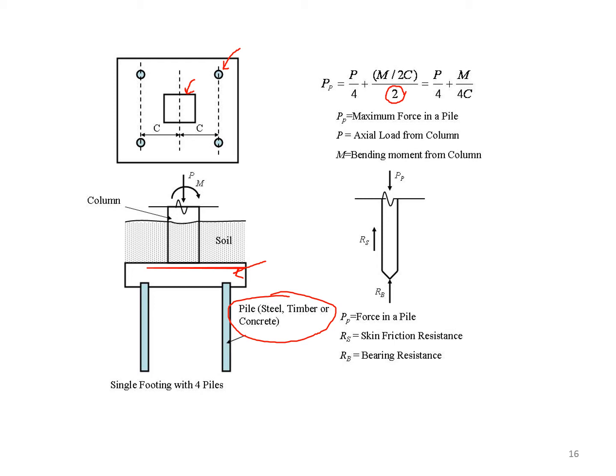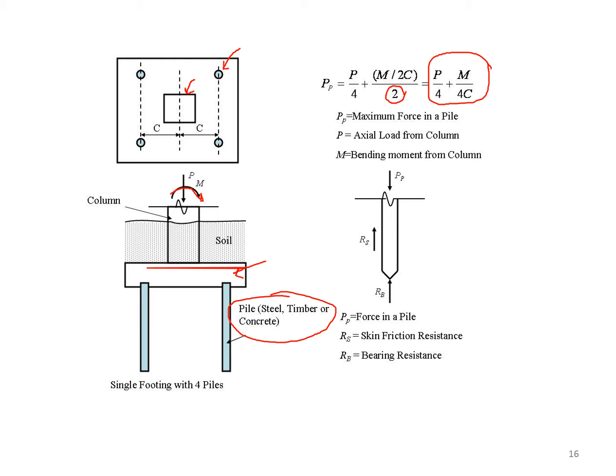And we can show that this would convert into a simple equation of P over 4 plus M over 4C, and that's the maximum force. And as you can see, when the bending moment is acting like this, then the piles to the right would be subject to this, and the piles to the left would have the negative sign.